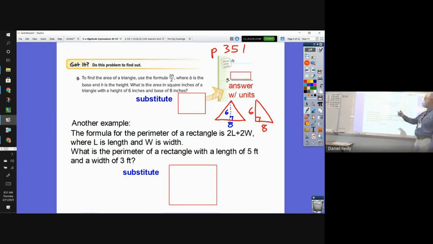Got it, Kathy? All right, what does the substitution step look like in this problem? 8 times 6 over 2. How am I going to write 8 times 6 over 2? Well, yes, in fraction form, but how am I going to write the 8 times 6? 8 and 6 both in parentheses, not with a multiplication symbol, okay?